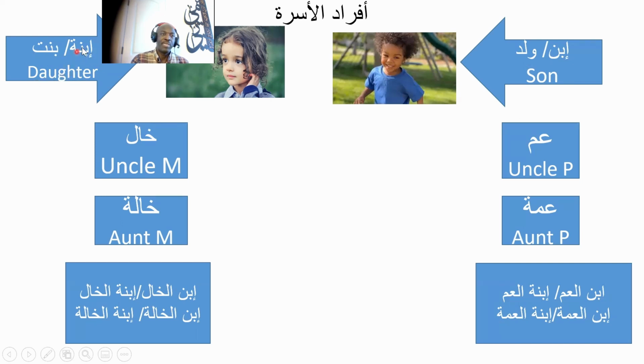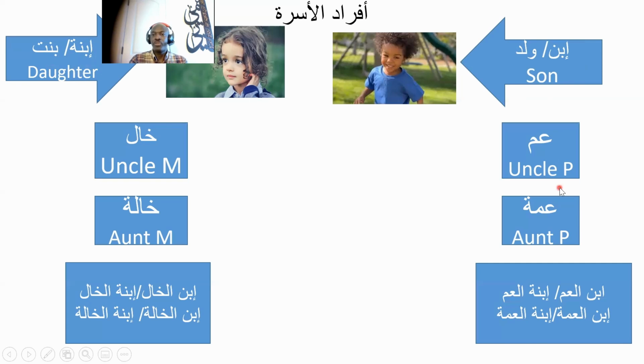But if you want to say my daughter, or a daughter, with no confusion, you say Ibna. You can say Bint too, but Bint is a girl, could be your daughter or someone else's daughter. So these are the two family members: Ibn, son, and Ibna, daughter, or Walad, boy, and Bint, girl.